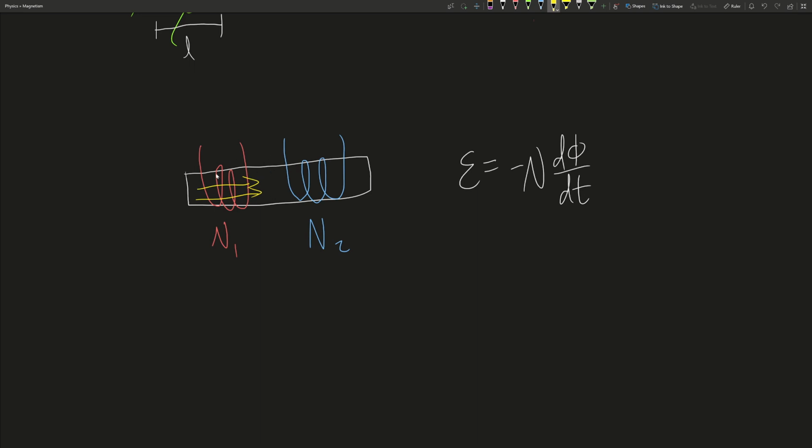But a magnetic field induced by this coil will be the same magnetic field that this coil experiences. So we know that for both of these, area 1 is equal to area 2, and the change in flux 1 is going to be equal to change in flux 2. And again, both of these are over the same time period.